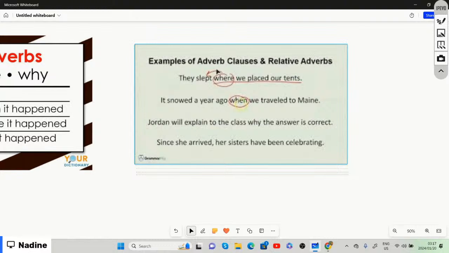The next example says, it snowed a year ago when we traveled to Maine.